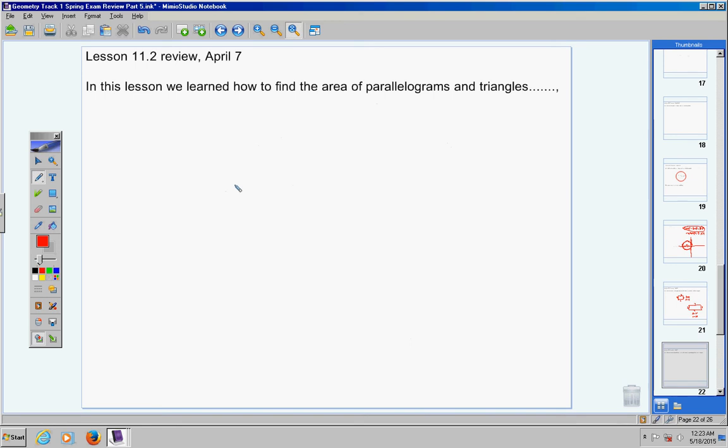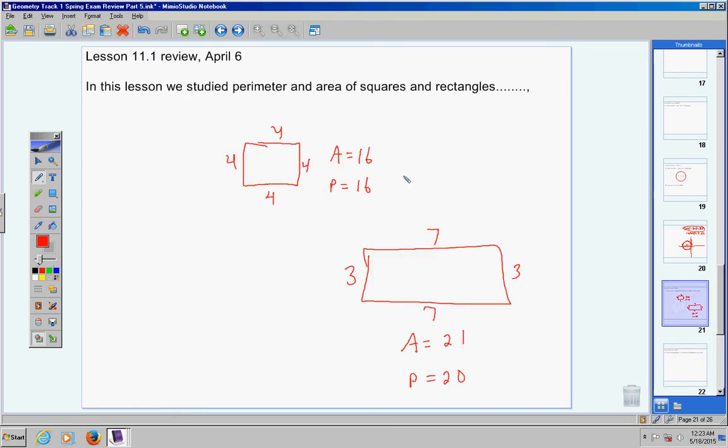Lesson 11.2, April 7th. In this lesson, we learned how to find the area of parallelograms and triangles. Now, by the way, on your exam tomorrow, you're welcome to have a little formula sheet with these formulas on it. I don't think you'll probably need formulas for this, but if you do, that's fine. You can write those down.